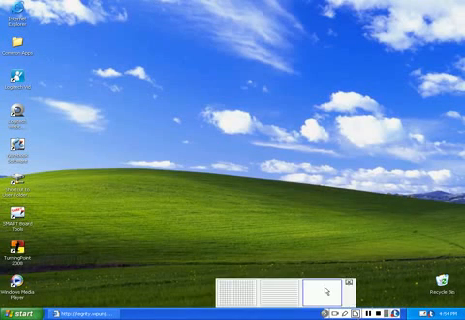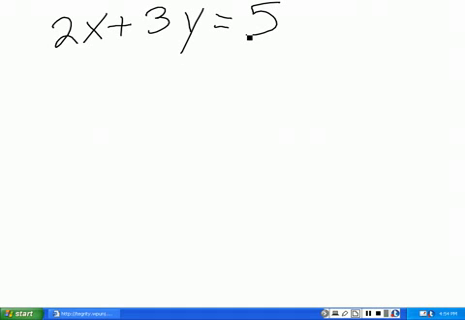So let's try to do an example with the method of least squares. Now, you guys have probably seen systems of two equations and two unknowns, something like 2x plus 3y equals 5, and 3x minus y equals 7.